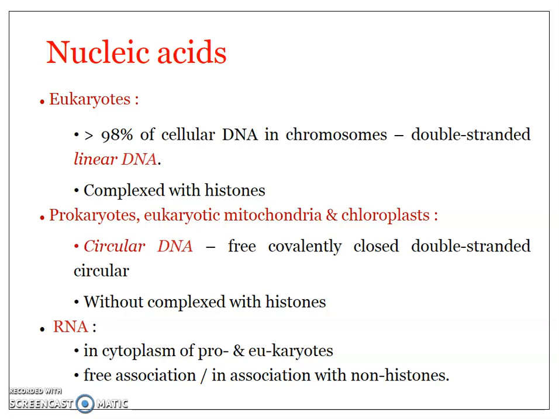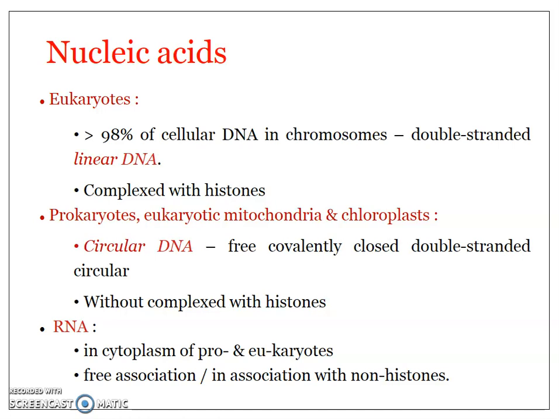When we speak about other nucleic acids, we have plenty of other nucleic acids, and out of that, the most important are RNA, the different types of RNAs. The RNA, the ribonucleic acid, is found in the cytoplasm of both prokaryotes and eukaryotes, and it may be found in association with non-histone proteins, or it may be found free in the cytoplasm.